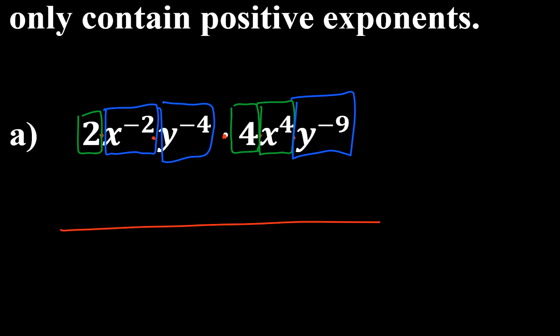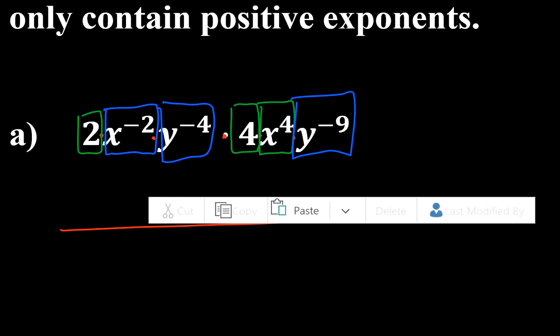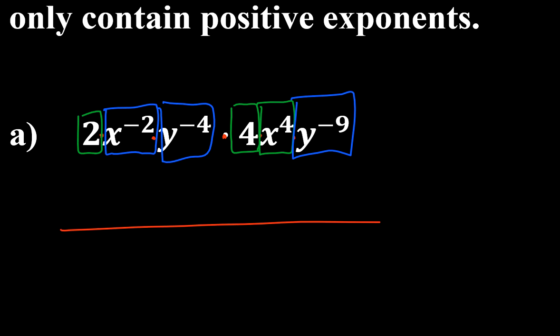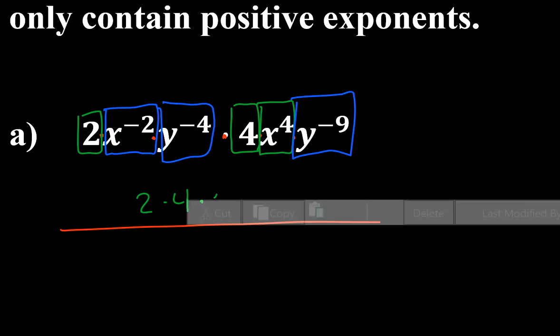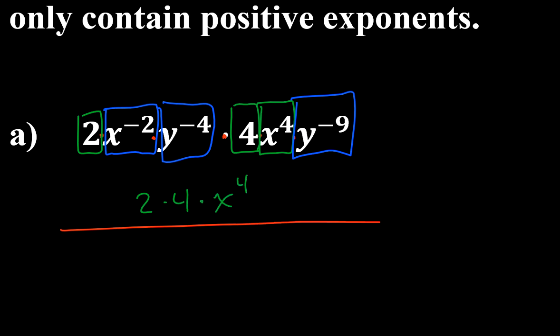So when I look at it this way, in this chunk, I can see things that are a little bit different. In my numerator, I've got a 2 times 4, and then I've got a times x to the fourth power. So my numerator looks like it consists of 8x to the fourth.